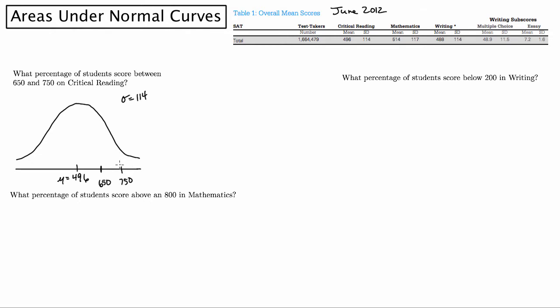Now this is not drawn to scale. I'm just trying to give myself enough room to describe where the data is. And so we're looking at this piece in here.